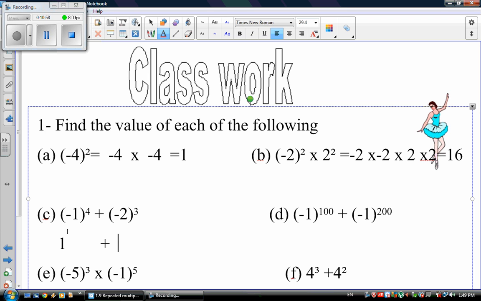The answer will be negative 8. Then we have to add them. 1 plus negative 8 will be, we are going to subtract because the two signs are not the same. So we will subtract and keep the sign of the larger one. The answer will be negative 7.